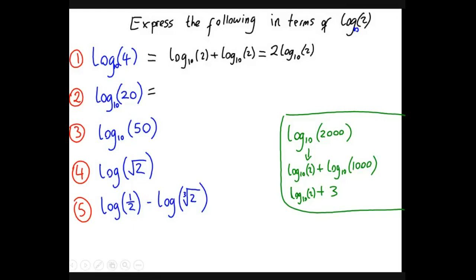Maria, the second one? So it's log to the base 10 of 10. Yep. Which then could also be log 10 of 5 and 2, so log 10 of 5 plus log 10 of 2.